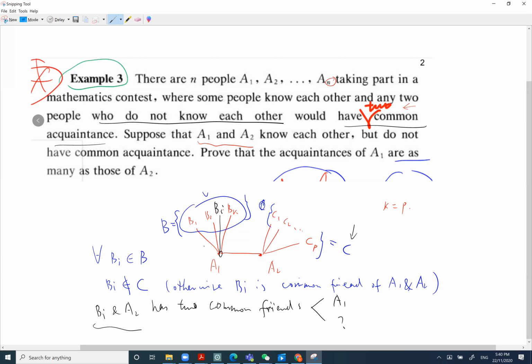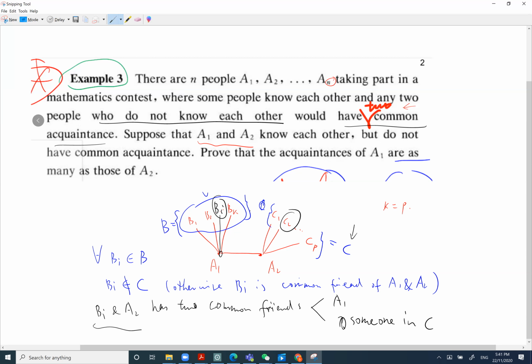The other one must be someone in C. So, any friend of A1, you can find a friend of A2 in C.